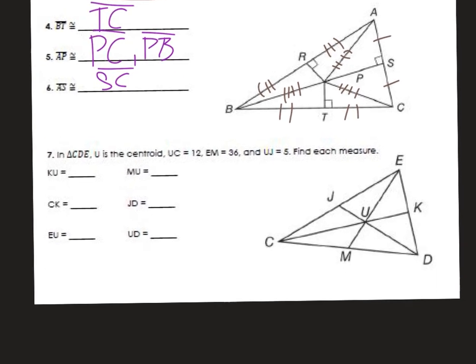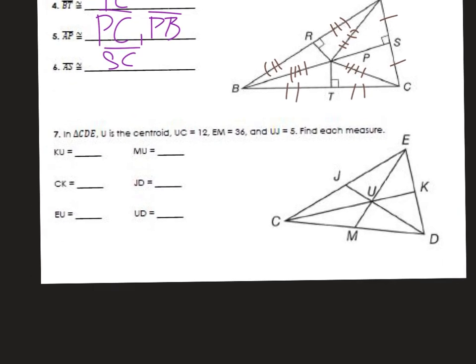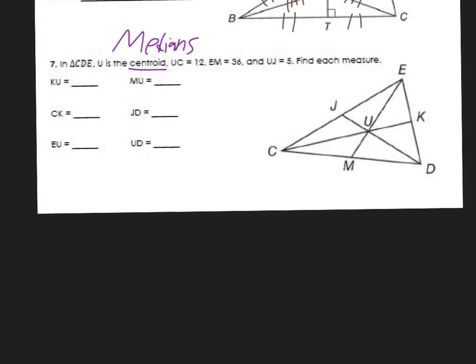All right, triangle CDE, we have centroids. Centroids are medians. And medians have those four special equations, such that the short segment is equal to half of the long segment.